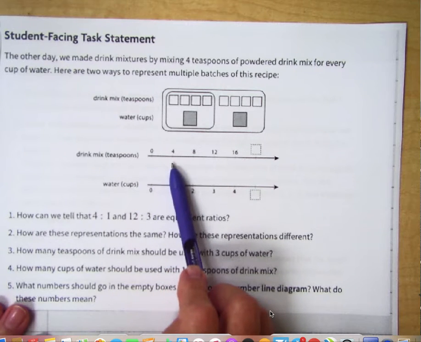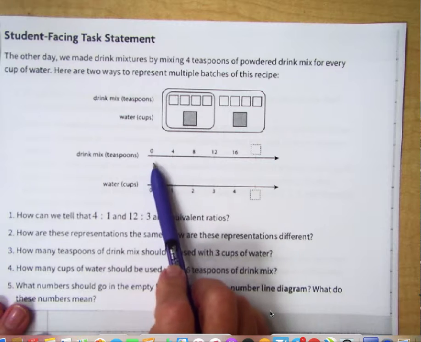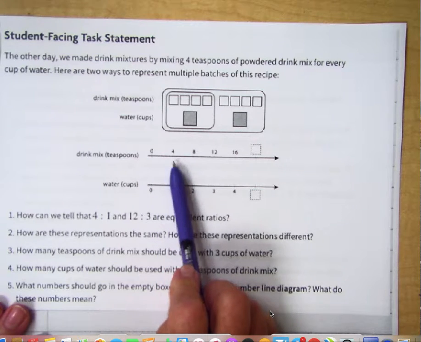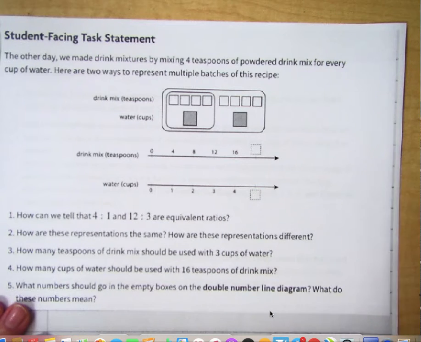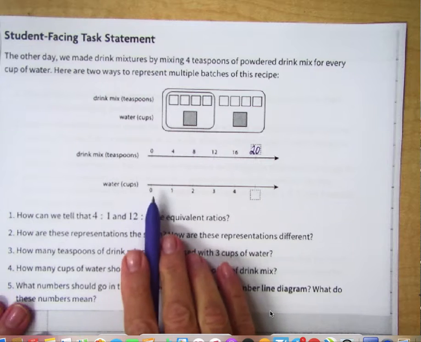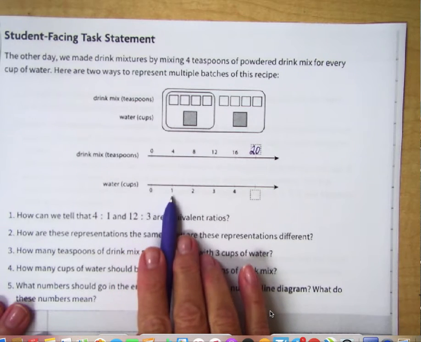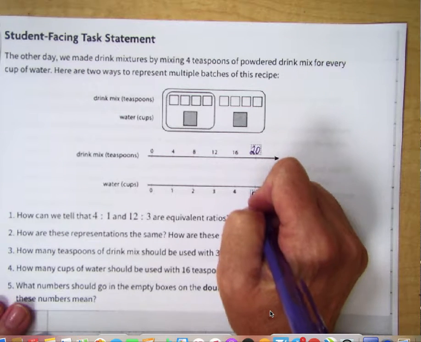The drink mixture skip counts by what? Well, it skip counts by 4s. 4, 8, 12, 16, and what? And of course 20. Okay, the water skip counts by 1. 1, 2, 3, 4, 5.